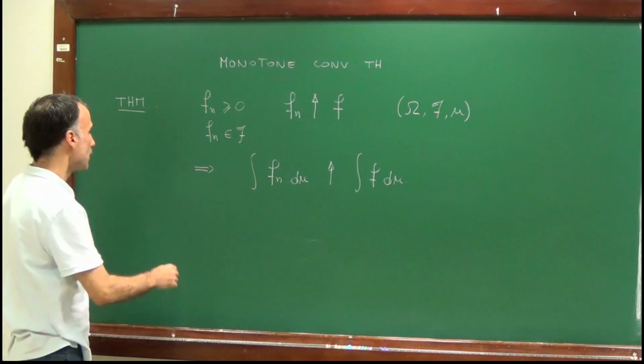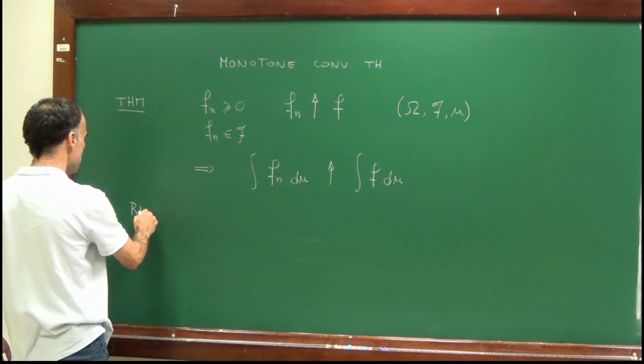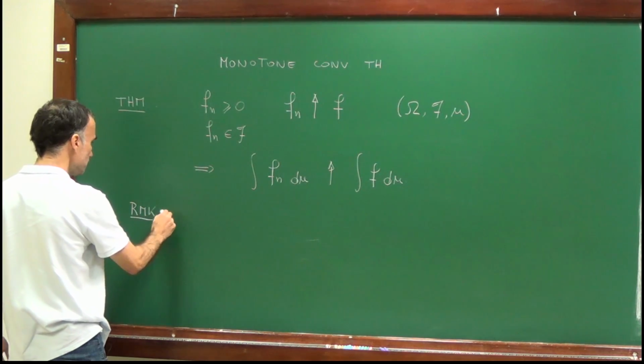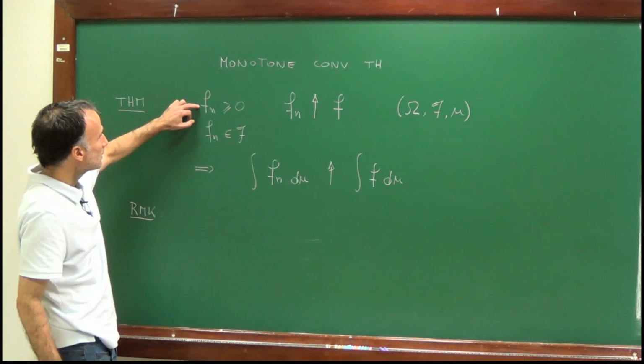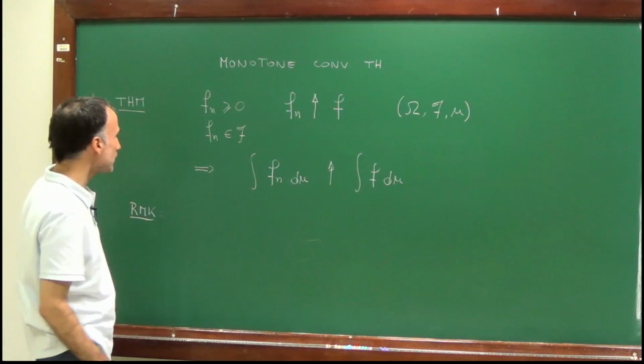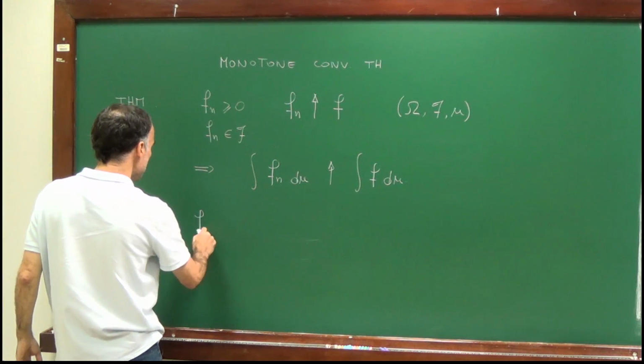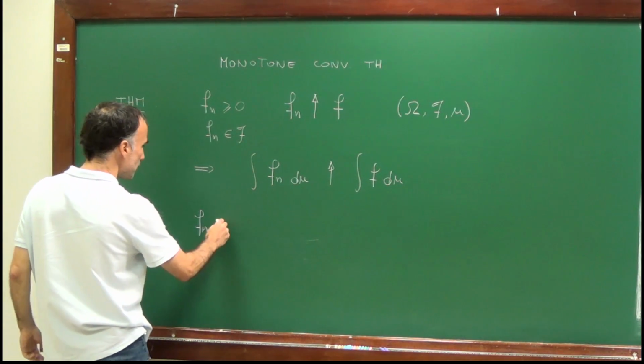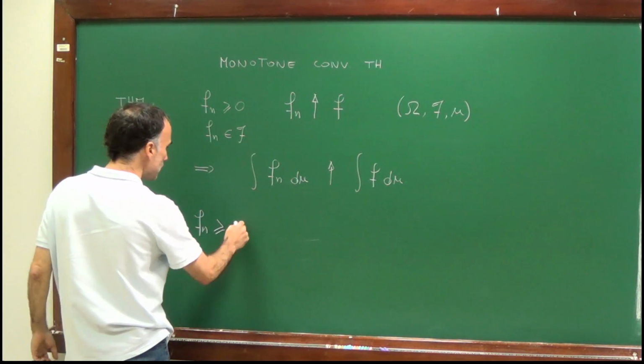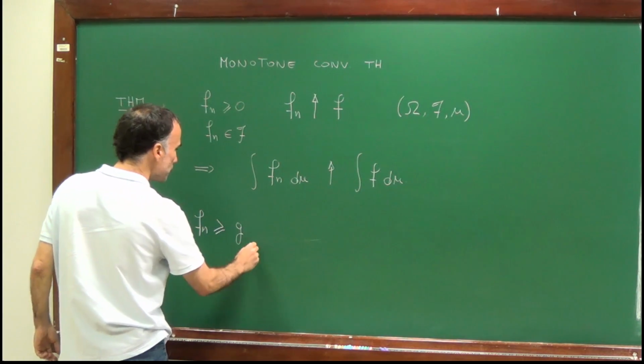So let me just make a remark before we proceed. Here I'm assuming that f_n is non-negative. Of course, we can prove the same result if f_n is bounded below by a function g which is integrable.